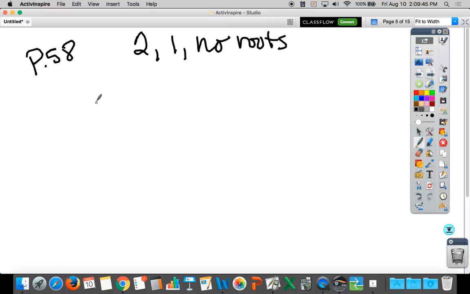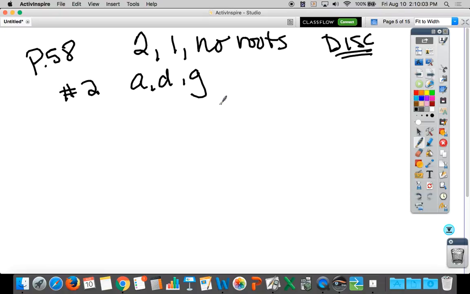All right, so your answer is not the discriminant. Your answer is 2 roots, 1 root, or no roots. You're going to do number 2, A, D, and G. A lot of times I'm going to call this the DISC, the discriminant, so I don't have to write out that long word. So you're going to do the discriminant for each one of these 3.